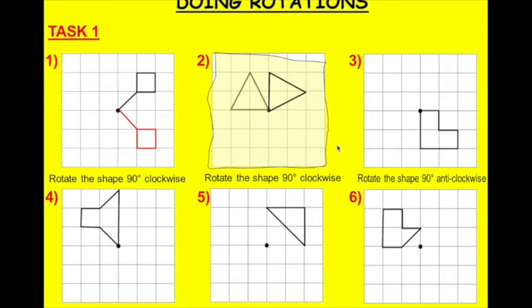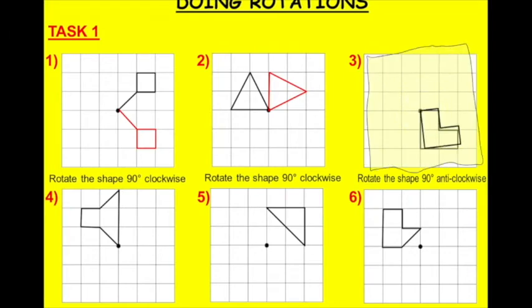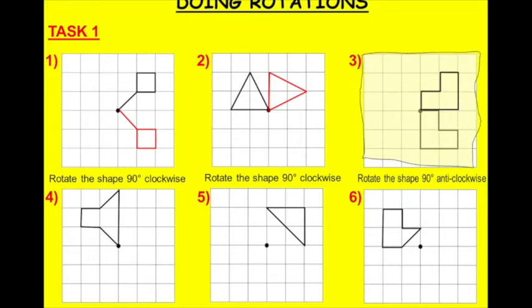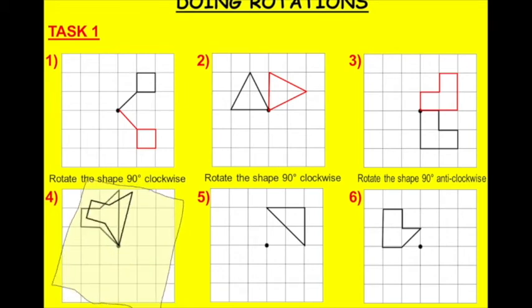I'll just go quick in the rest of this example. That's 90 degrees anti-clockwise for number 3. And for number 4, 180 degrees clockwise.